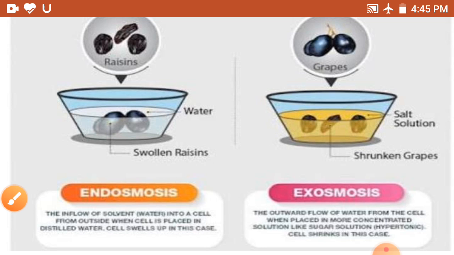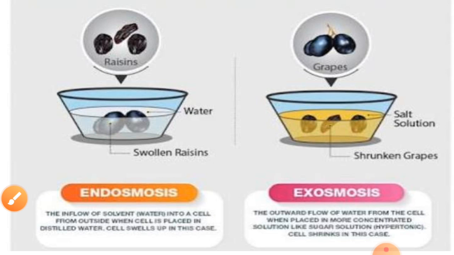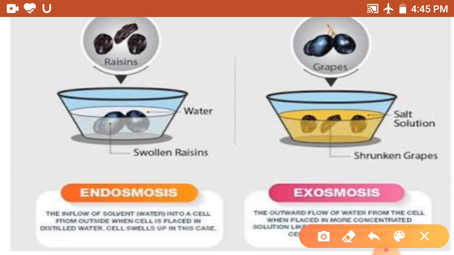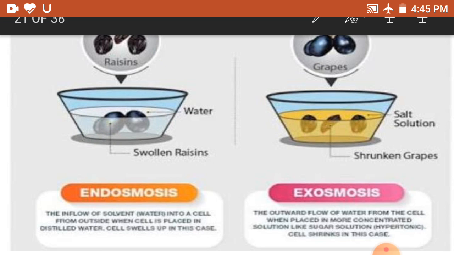When we put raisins into water for some time, we see that raisins become swollen because solvents move inside the cell. Water moves inside the raisin cells, that's why raisins swell. Here it is just the opposite. Grapes shrink.